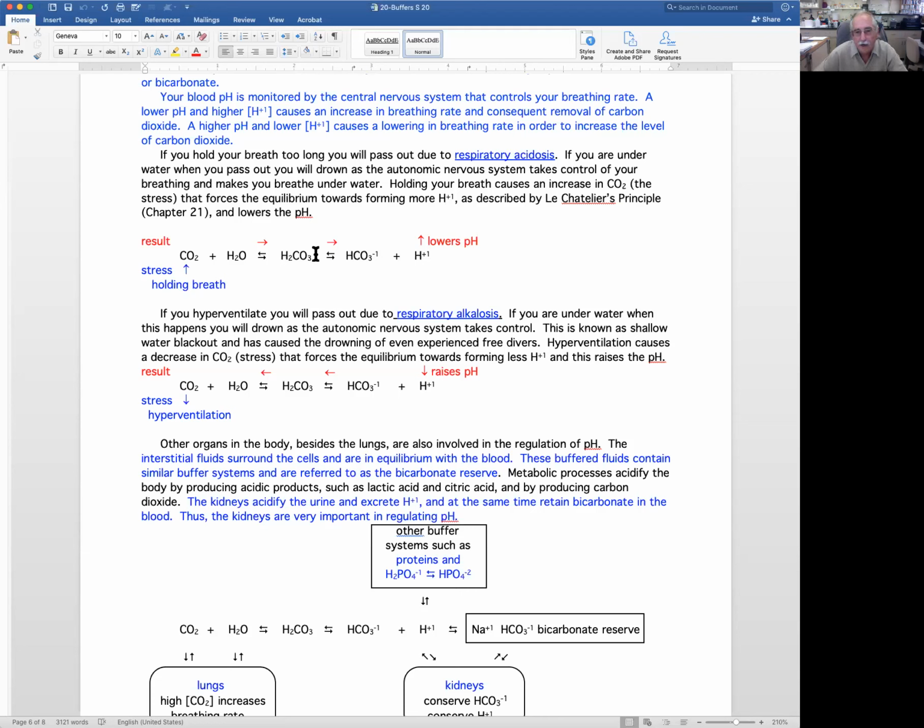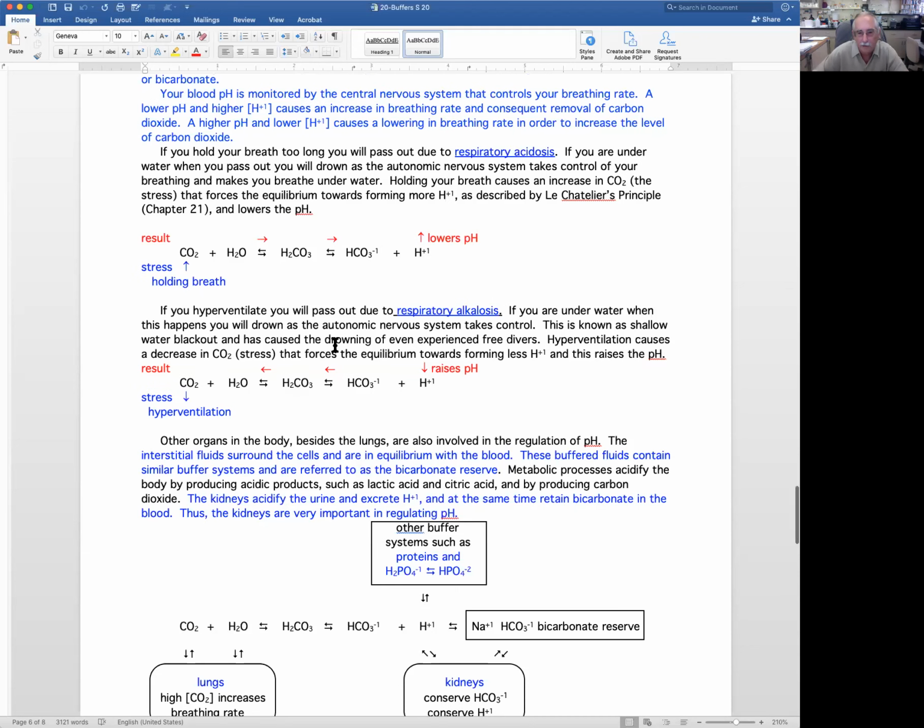What happens if you hyperventilate? If you hyperventilate enough, you will pass out due to respiratory alkalosis. So what's going on here? With hyperventilation, you're getting rid of CO2 faster than your body is making it. So the stress is that you're removing CO2.